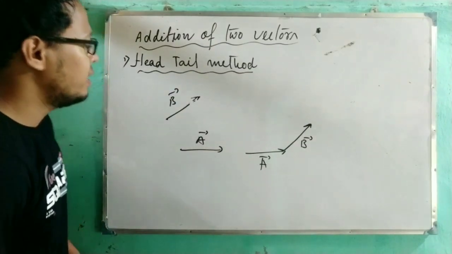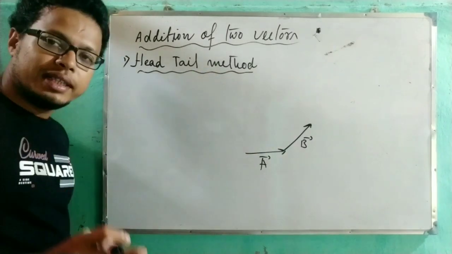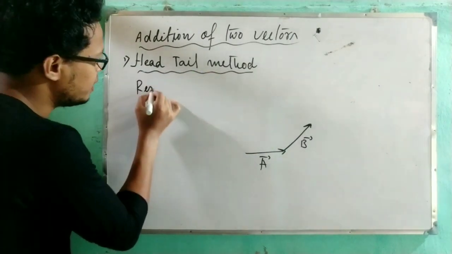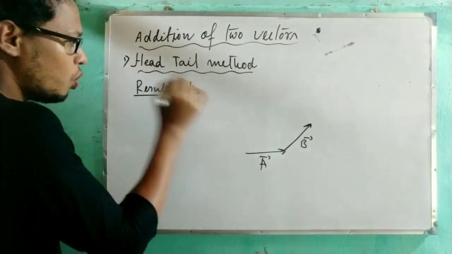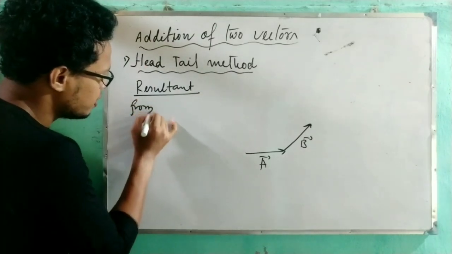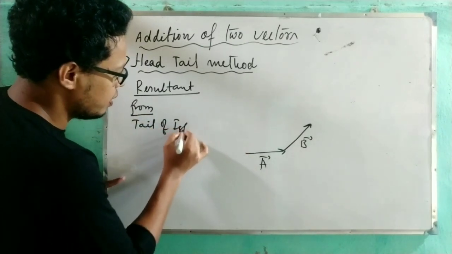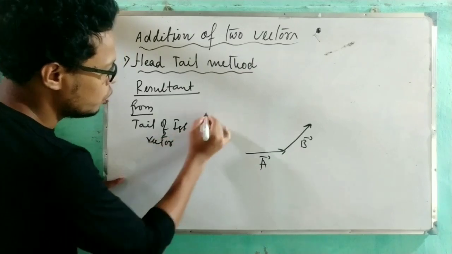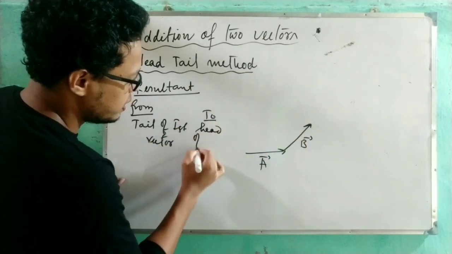To find the resultant, I will apply here the head-tail method. What is the head-tail method? To find the resultant, draw one vector from the tail of the first vector to the head of the second vector.